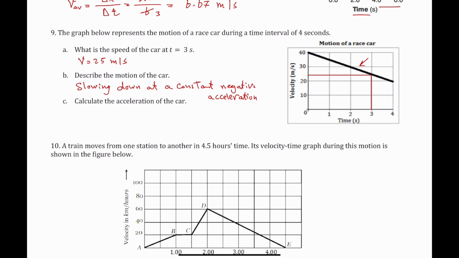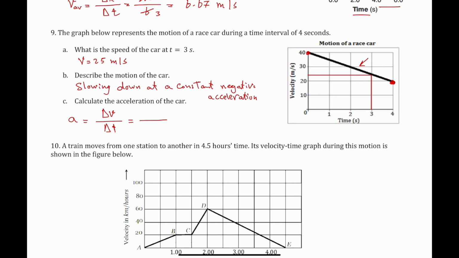C. Calculate the acceleration of the car. So a, which is the slope, equals delta V over delta T. We take any 2 points. So let's say we'll take this point and this point.